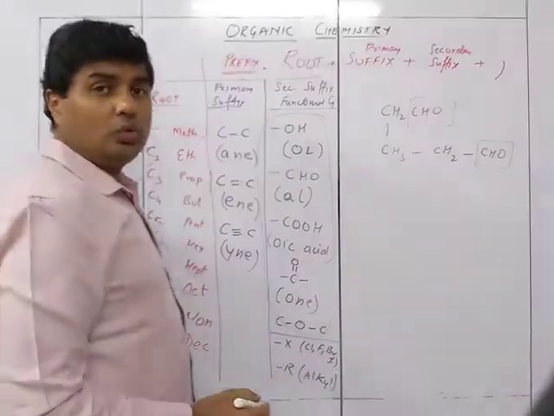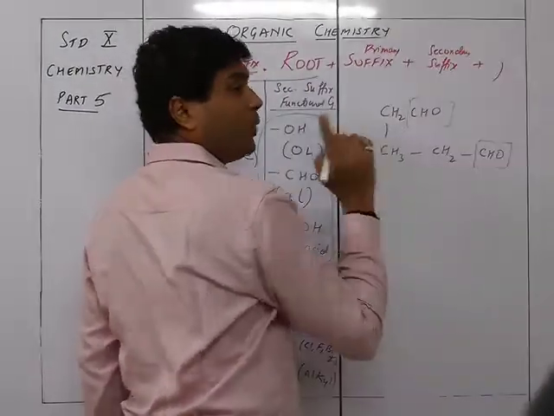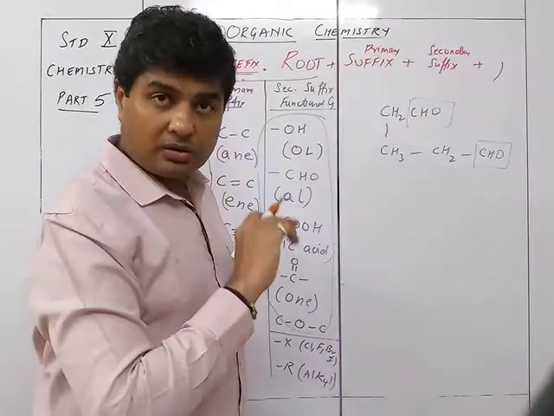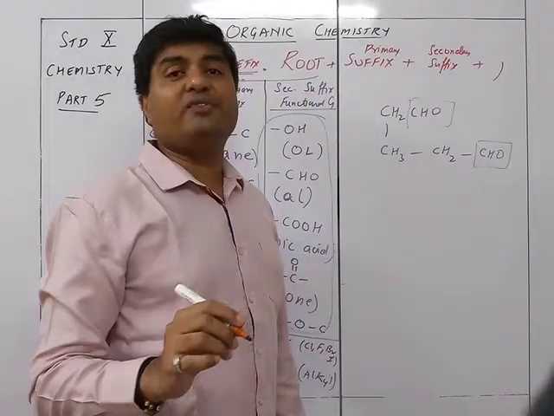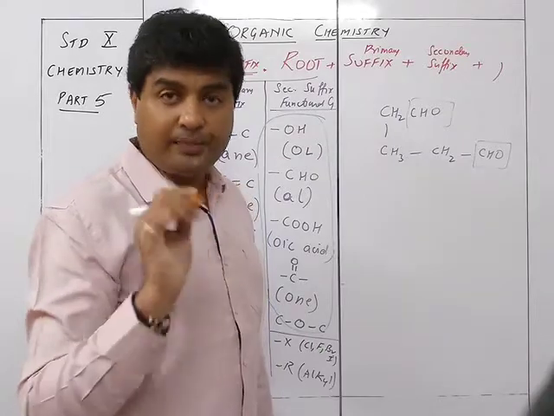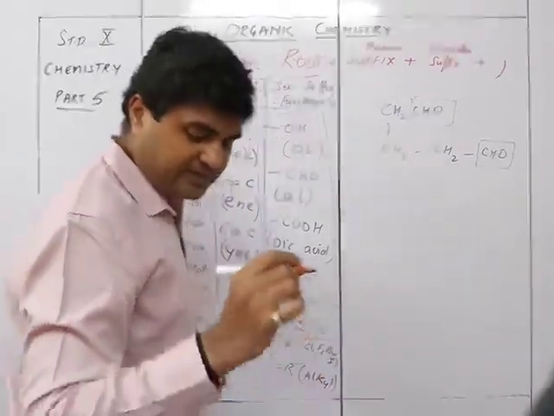Means there are 2 functional groups over here. So that means that this whole thing will be one particular continuous chain. So in this case, the C of the CHO will also be counted in the root. So the root will have that CH also over here.